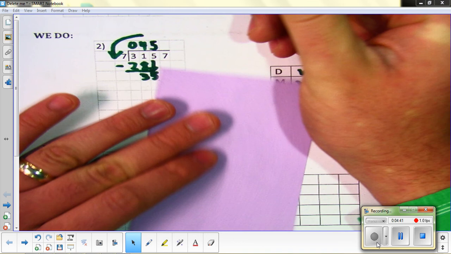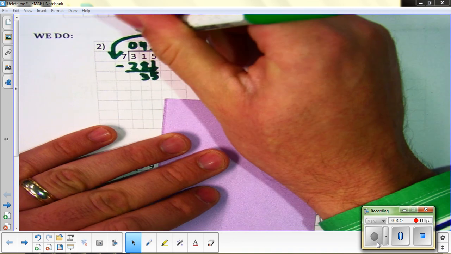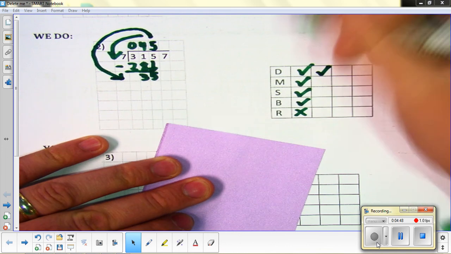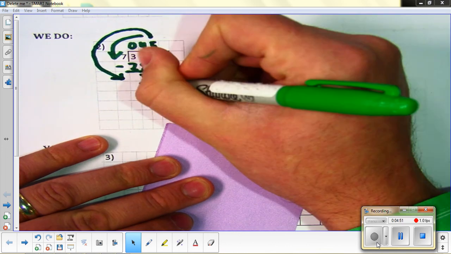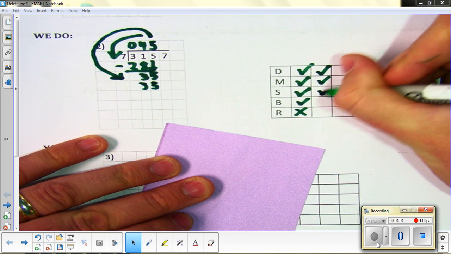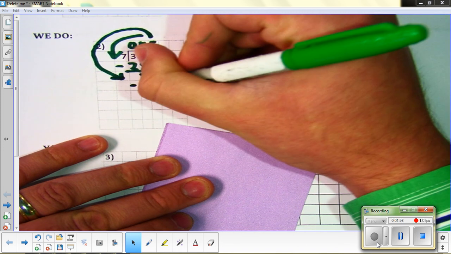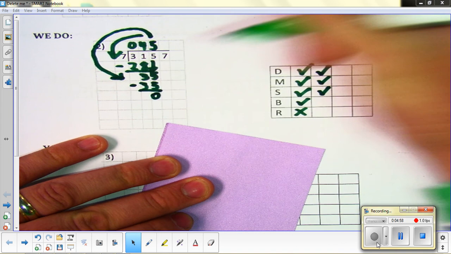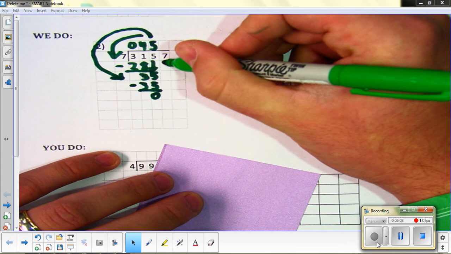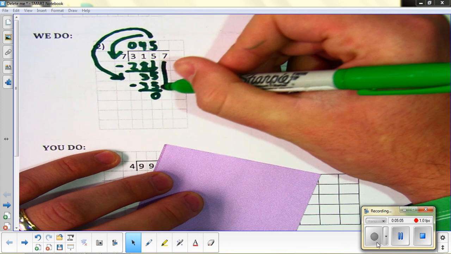Multiply around the bend. Subtract. Bring down. Look up. There is a number to bring down. You have to draw a long arrow to bring down that 7.